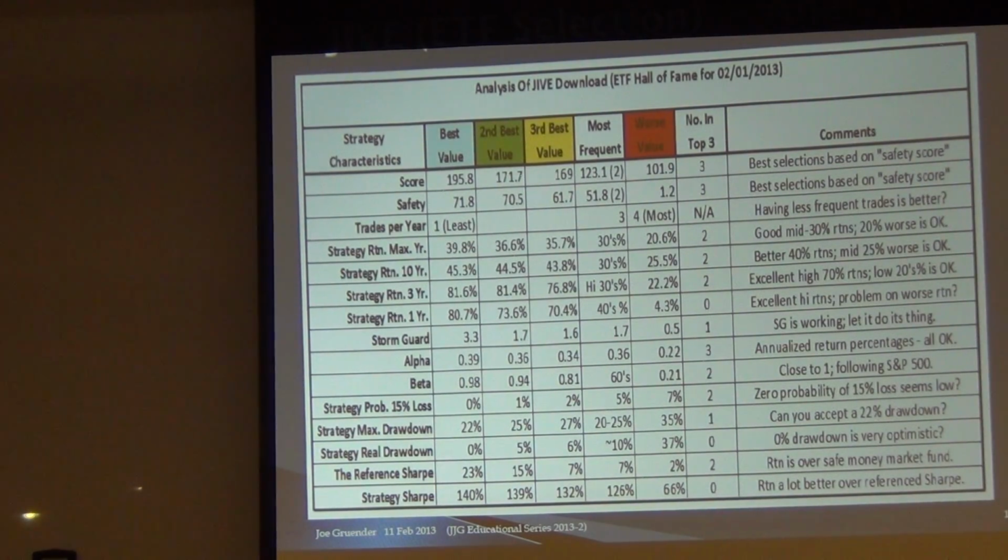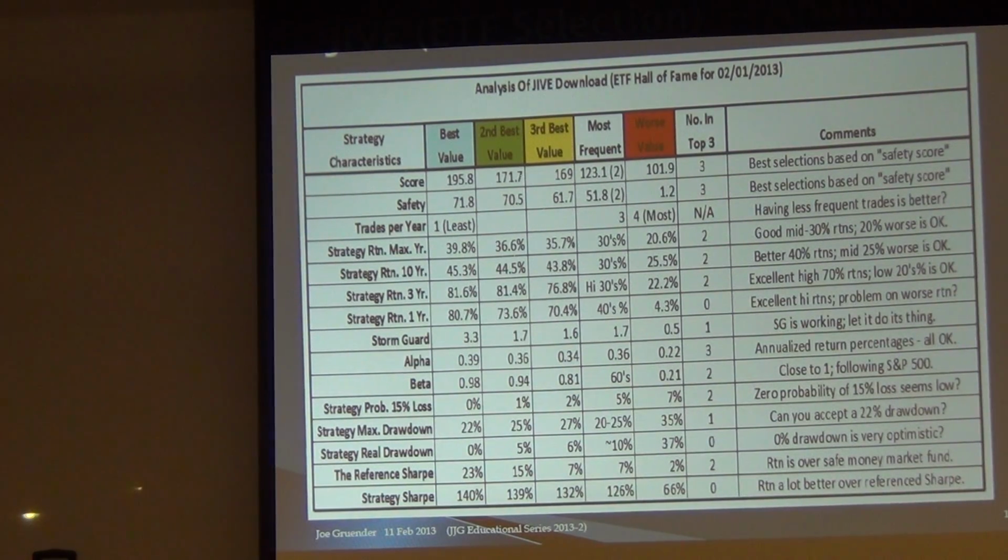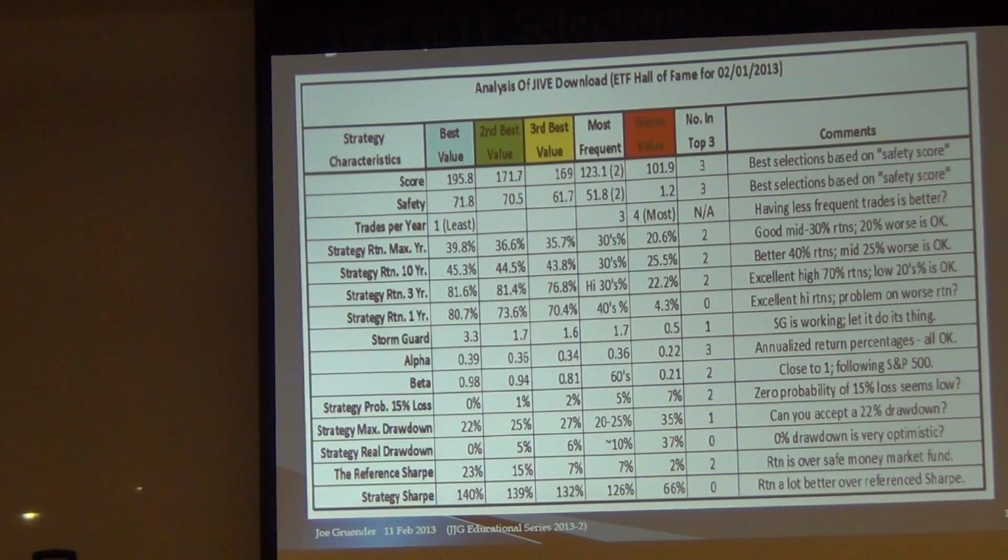If your strategy is doing really well, he apparently boosts it quite a bit up. And if it's doing poorly, as in this worst value, he lowers it down. So what he's trying to do is bail you out of your stocks by lowering it for this worst value. He's trying to keep you in your ETFs by raising it for the best value.